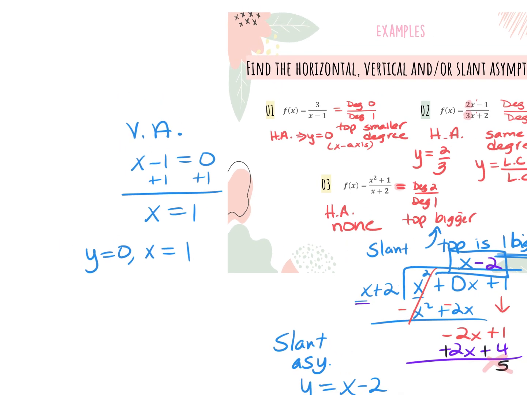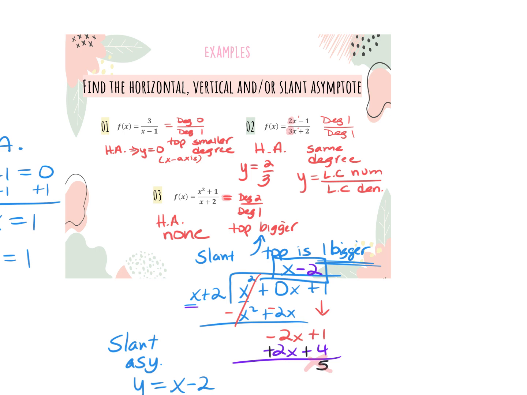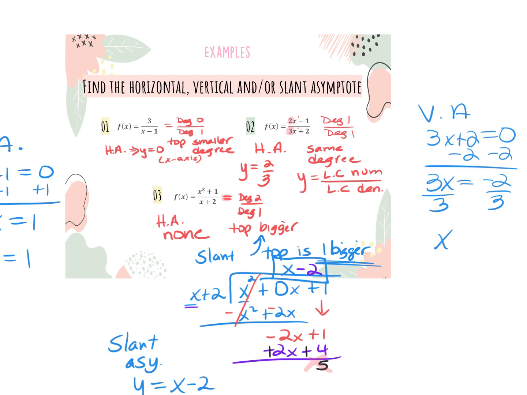For number 2, nothing can be simplified. So what I'm going to do is take the denominator and set it equal to 0. So 3x plus 2 equals 0. Subtract 2. 3x equals negative 2. Divide. And x equals negative 2/3.